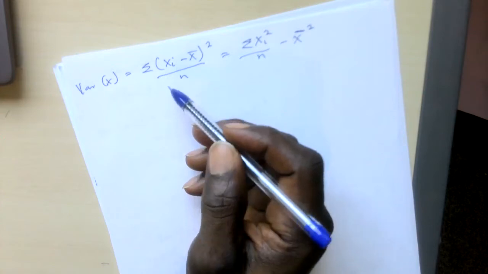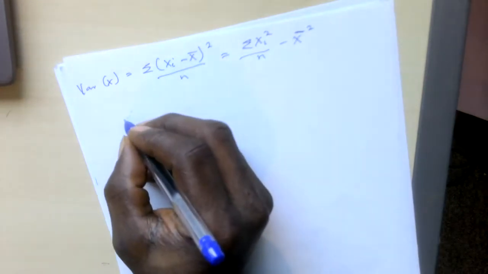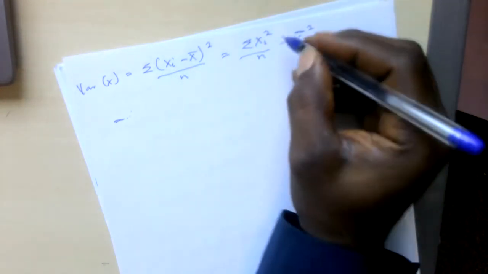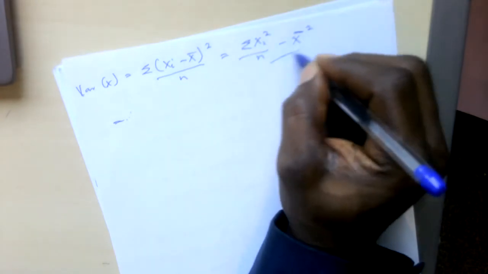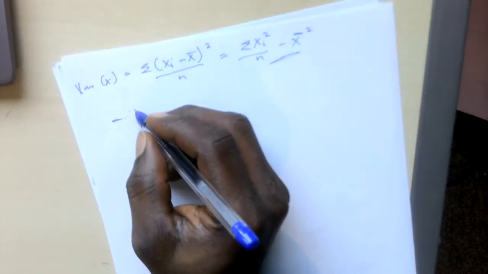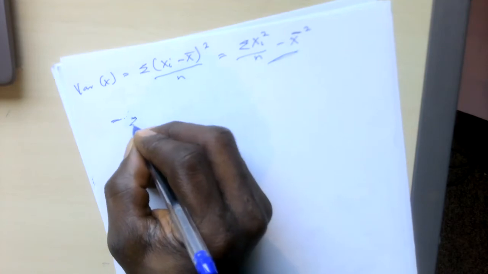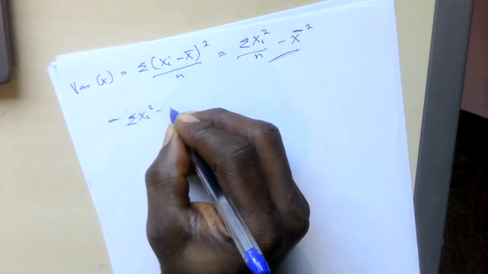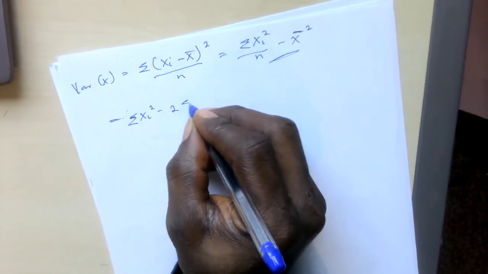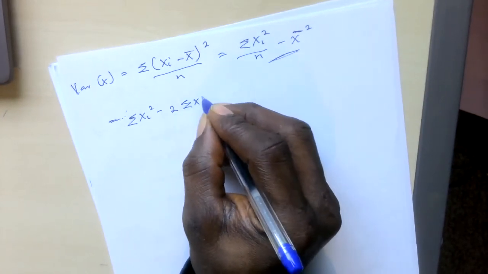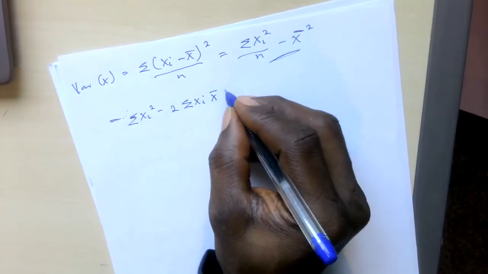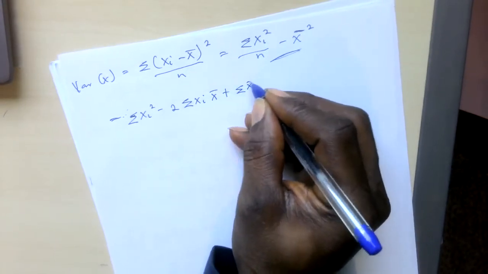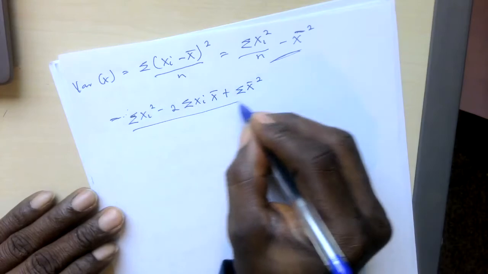Here you can expand this. Once you expand this, you have to prove that this equals this. So we have summation xi squared minus 2 summation xi x bar plus summation x bar squared, all over n.